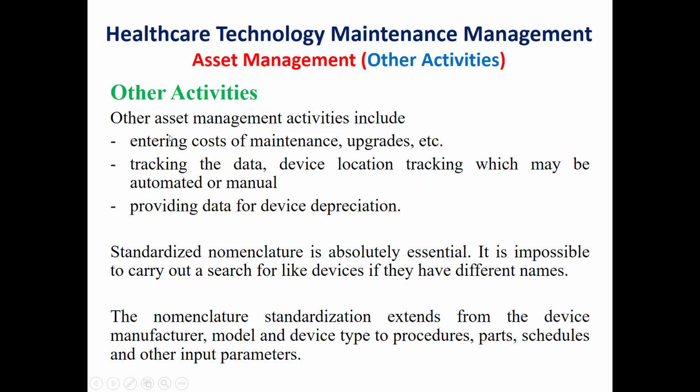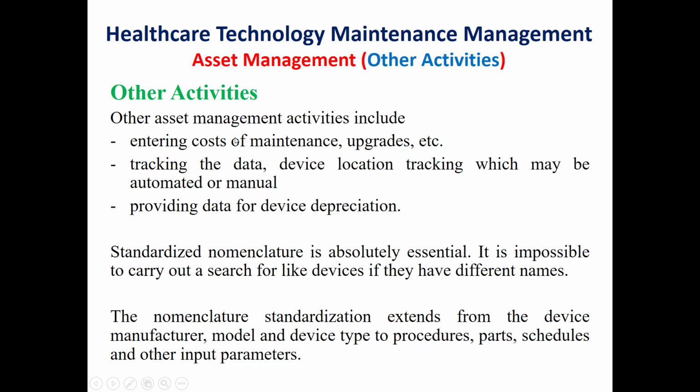The other activities will include entering the cost of the maintenance and upgrades of these medical devices or systems, and the tracking of the data and device location. We talked about the use of active RFID tags, which may be automated or manual.